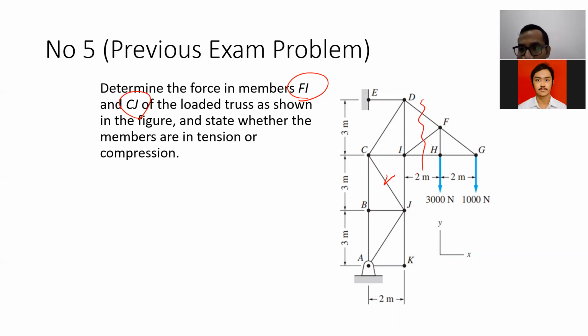By doing so, we will cut DF, FI, and HI. But the one that we need to solve is only FI. So the free body diagram will consist of this triangle FHG, so it will be like this.